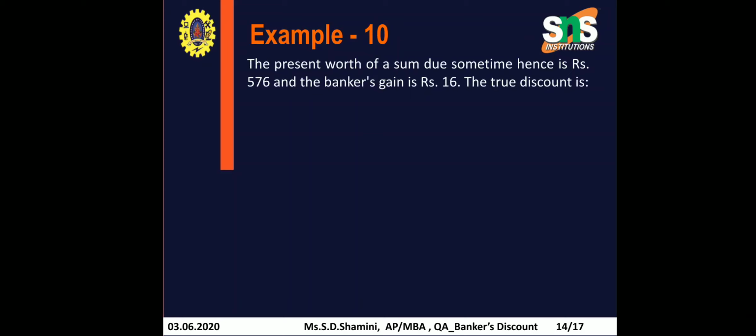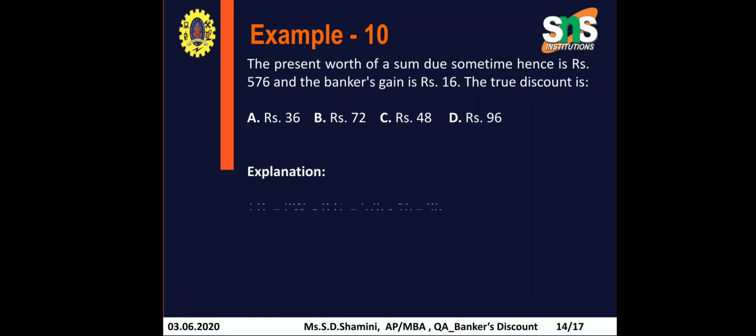And your next problem is: the present worth of a sum due sometime hence is rupees 576 and the banker's gain is rupees 16. The true discount is, the options are rupees 36, rupees 72, rupees 48 and rupees 96. That is, present worth is rupees 576 and the banker's gain is rupees 16. You have to calculate the true discount.